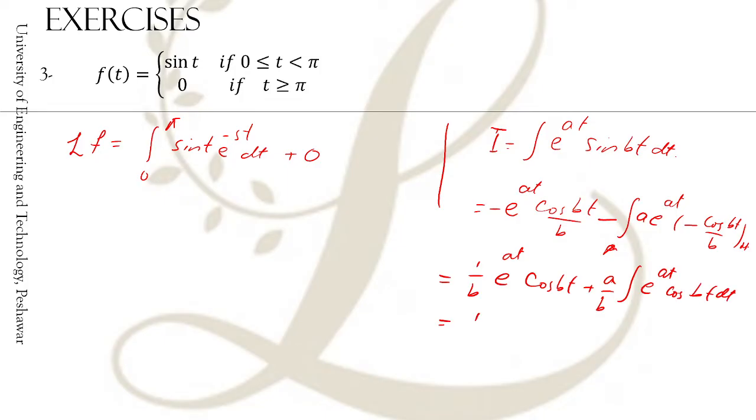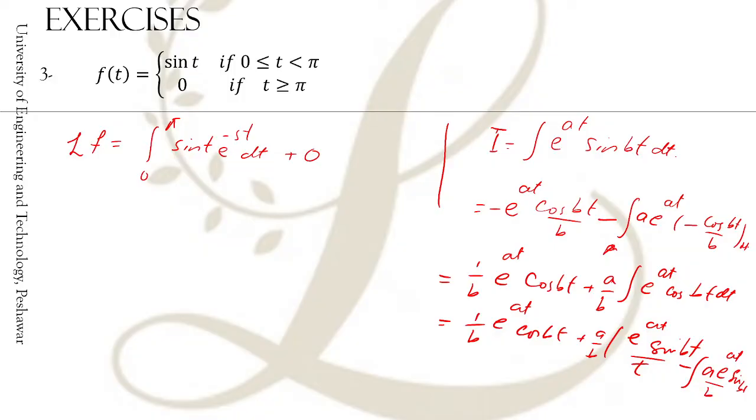Applying this rule again, you can find this formula directly from many books. E power at cos bt plus a by b, again using integration by parts. So we have e power at sine bt divided by b minus the derivative of e power at, which is a e power at, into sine bt divided by b.